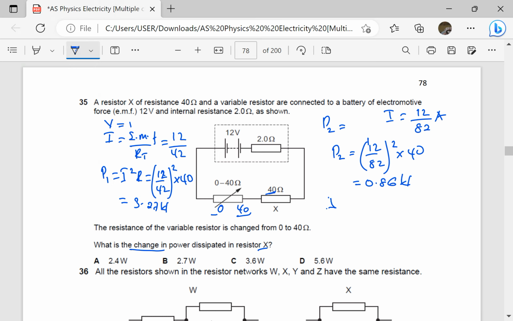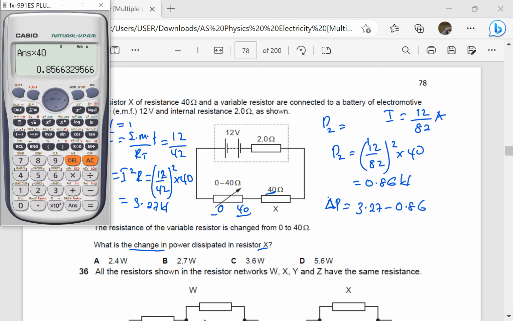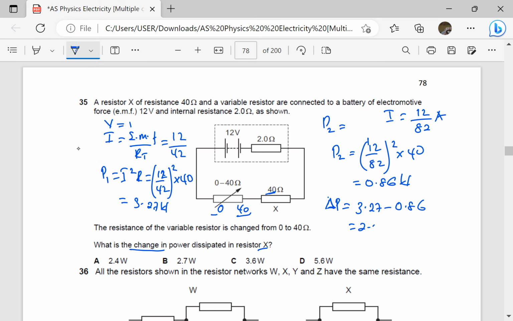So let's find the change in power. The change in power is going to be the difference, 3.27 minus 0.86, that is approximately 2.4. So this is 2.4 watts, which is A.